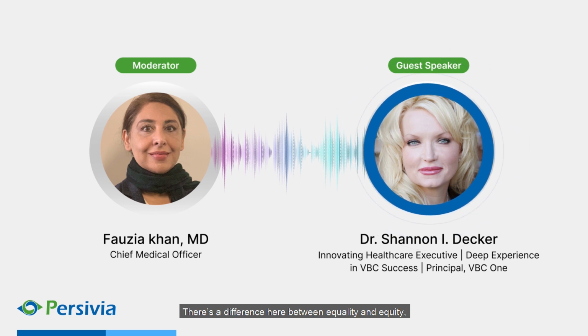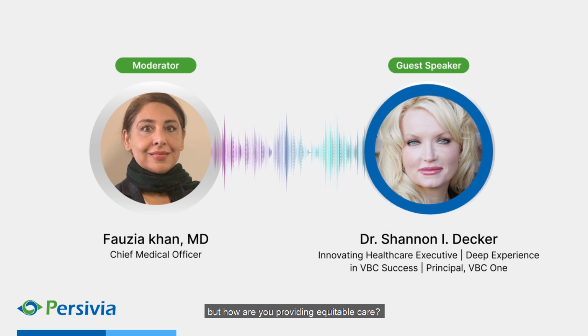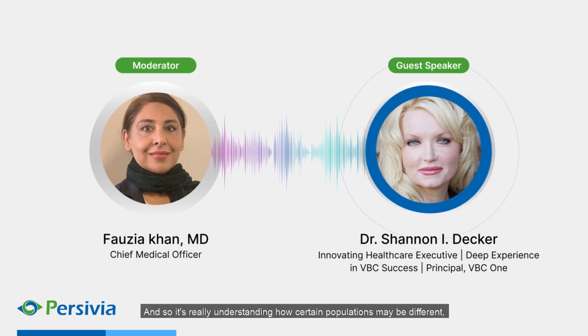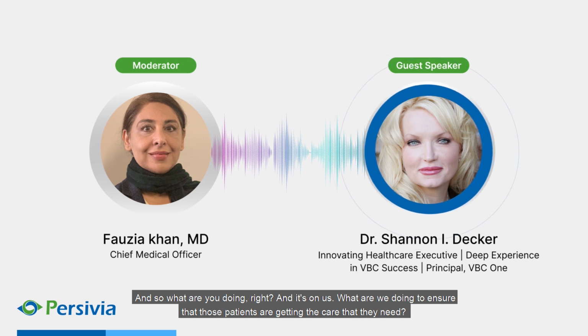There's a difference here between equality and equity, but how are you providing equitable care? It's really understanding how certain populations may be different, may take up their health care differently. And so what are you doing, right? And it's on us. What are we doing to ensure that those patients are getting the care that they need?